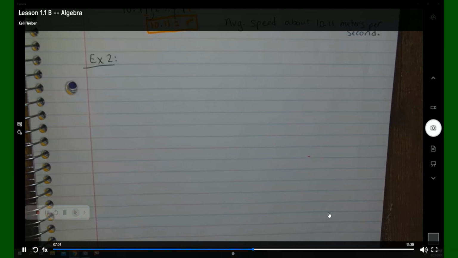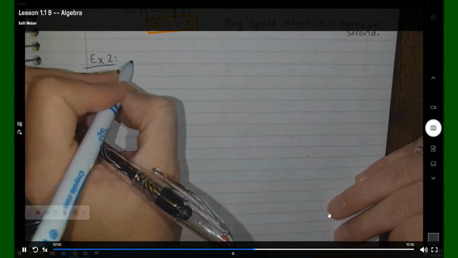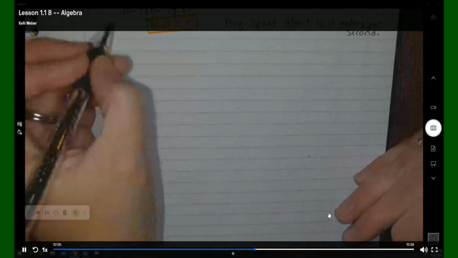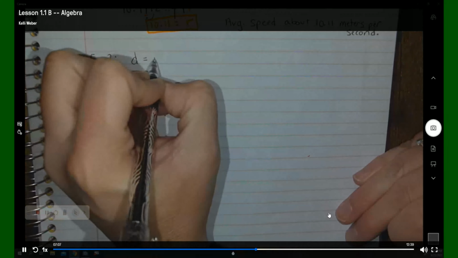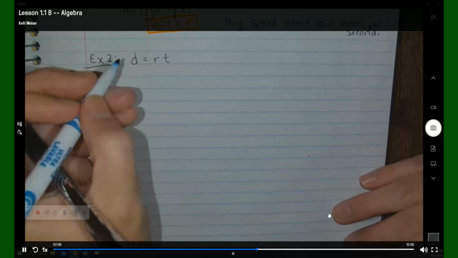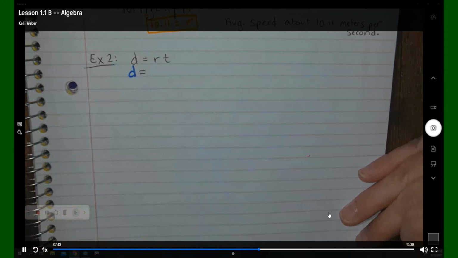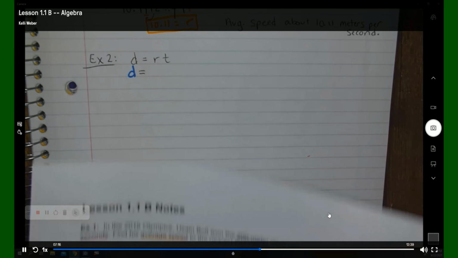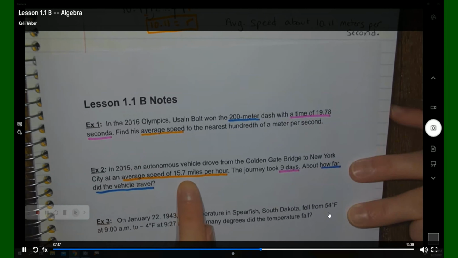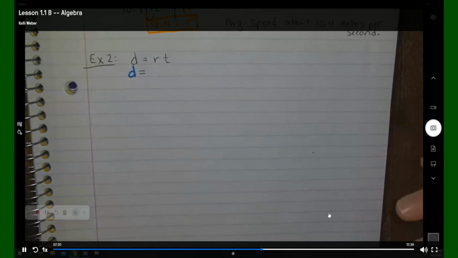So we're writing our equation. We're looking for the distance. So we're still using that distance formula, D equals RT. We are looking to find the distance this time. So D equals the rate, remember, 15.7 miles per hour.